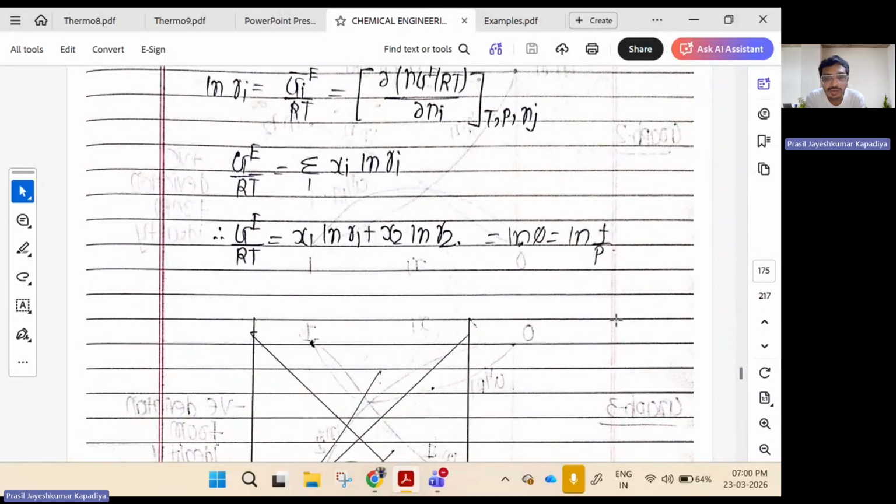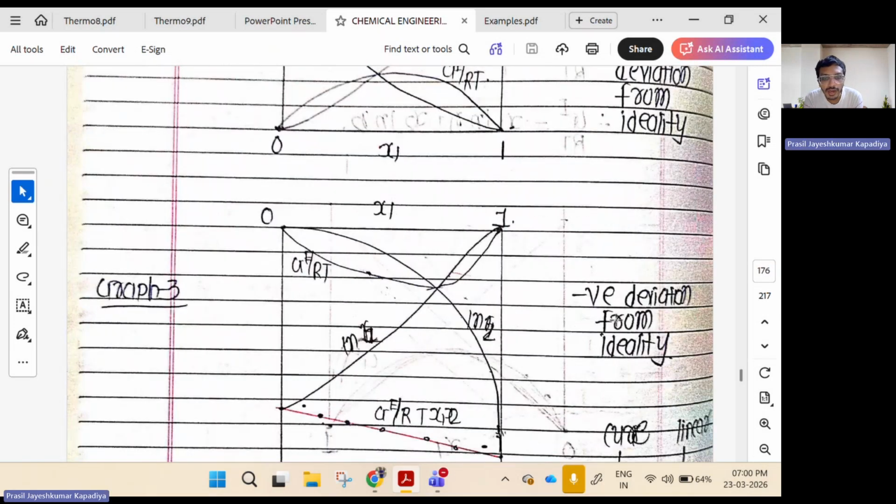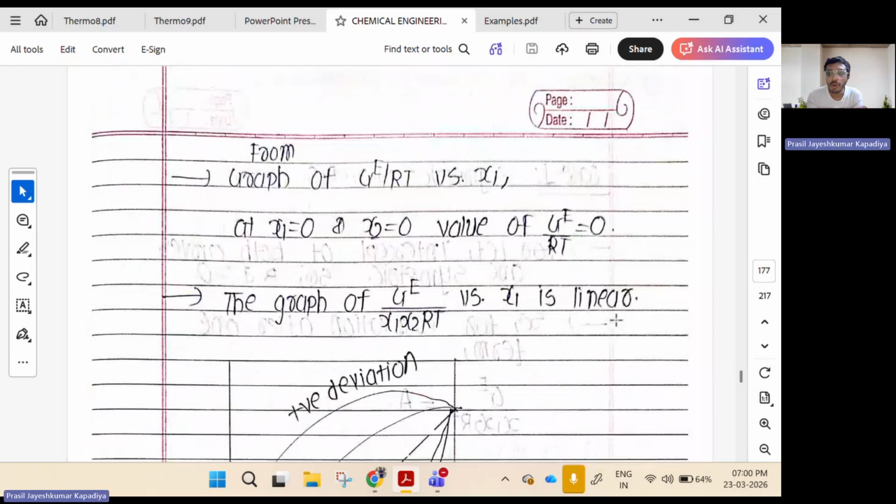So from the graph of GE by RT versus x1, we know that when x1 is equal to 0, and x2 should be equal to 1 here, so when x1 is equal to 0 and x2 is equal to 1, GE by RT is equal to 0.